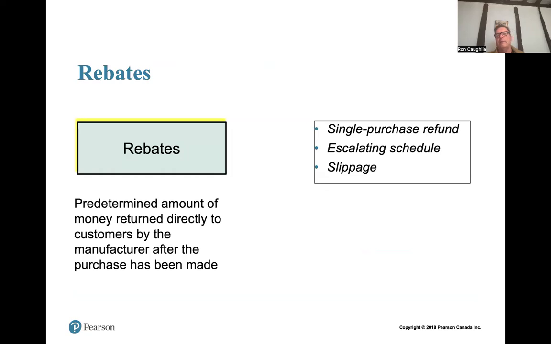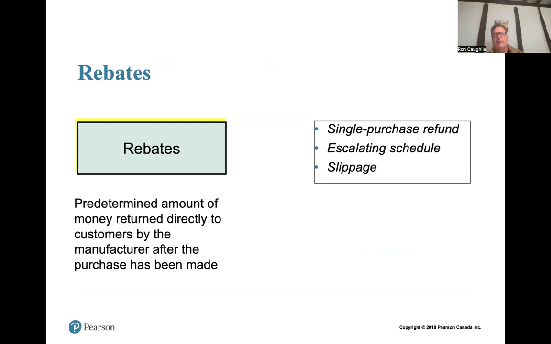It can be anywhere from a single purchase refund, or it can be done on an escalating scale. You may see this a lot with tire companies. They'll say, buy these tires and send this rebate in, you'll get your fourth tire free. So you get dollars back for those, basically 25% off.